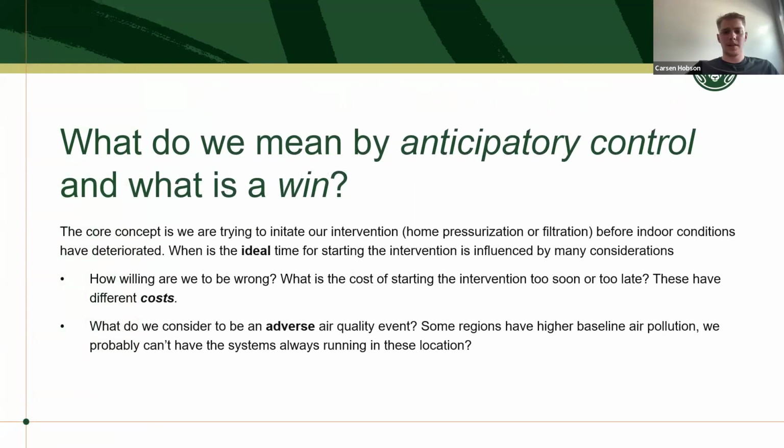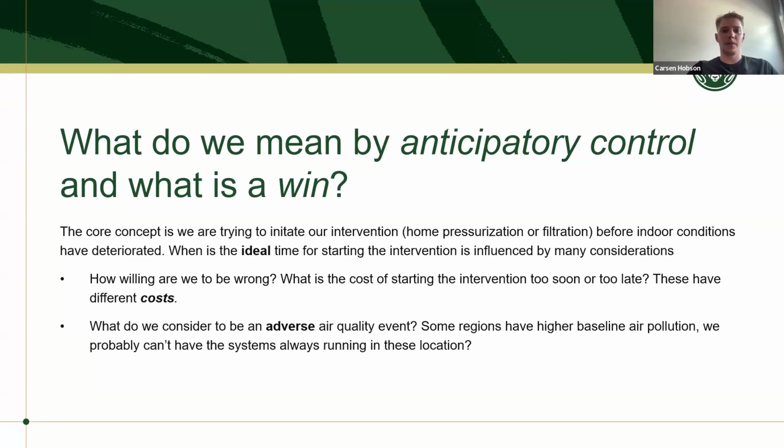Okay, yeah, so this is part of the anticipatory control. This is how we would decide whether or not we want to pressurize or filtrate before indoor conditions have gone bad. Currently this algorithm is under development, and part of it is the cost consequences.